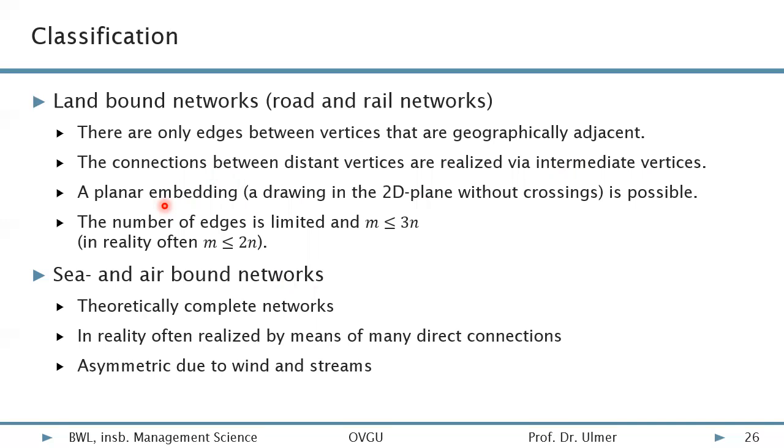So this is a planar graph. This one is still a planar graph. This is a complete planar graph with 4 vertices. But if we want to add a 5th one and connect all of them, suddenly it becomes not planar anymore because we have a crossing.